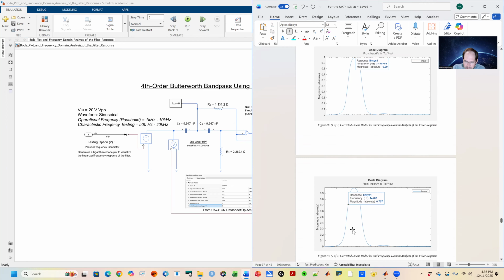And this attenuation is intentional because it ensures that the frequencies outside the pass band, right here, are significantly reduced so they don't interfere with the desired signal. That's a very important thing. If you don't have a lot of noise or other signals, it lets you lock down on exactly the frequency that you want.